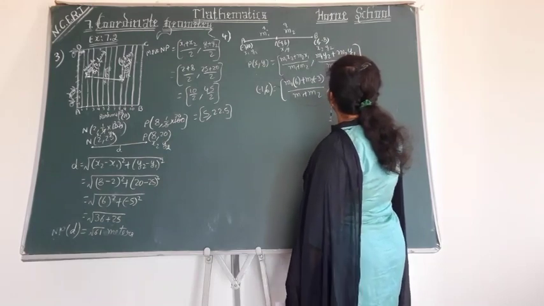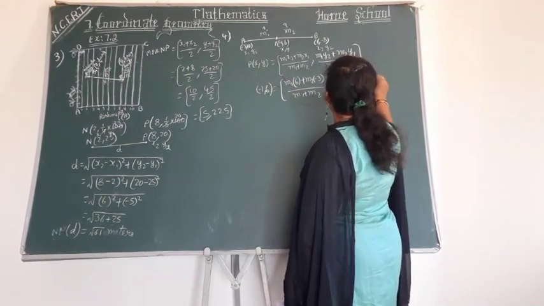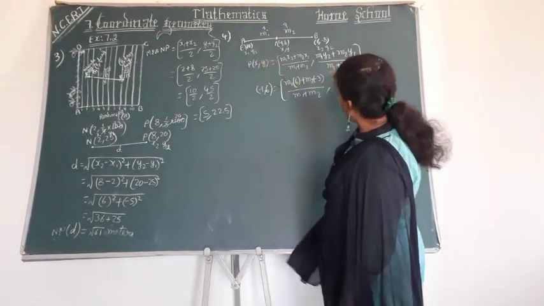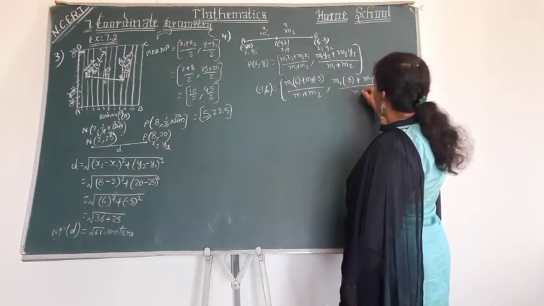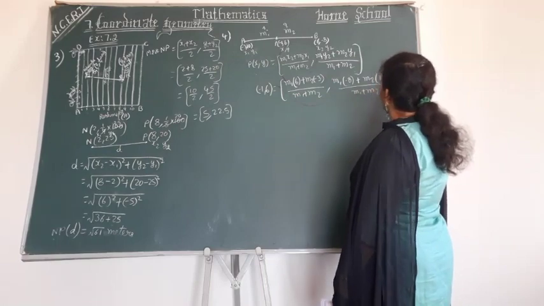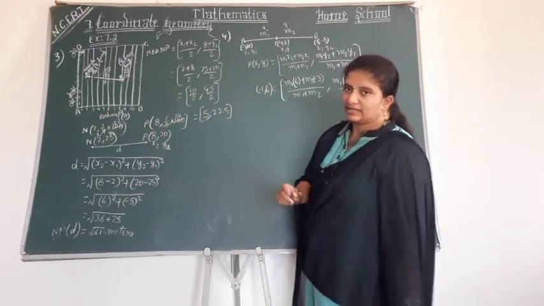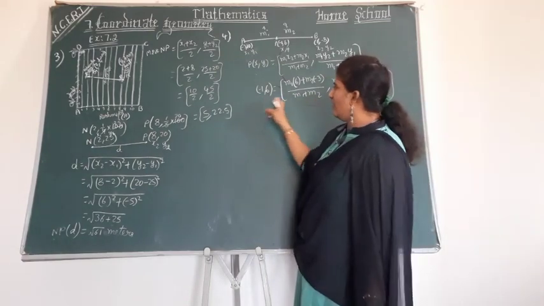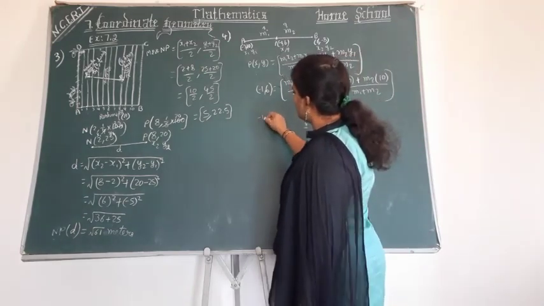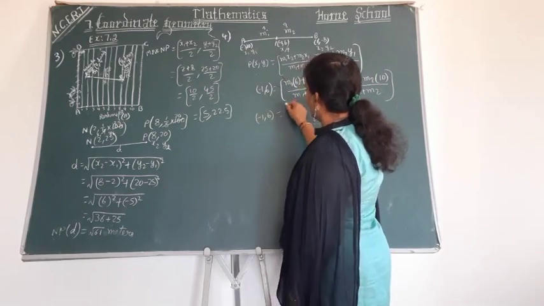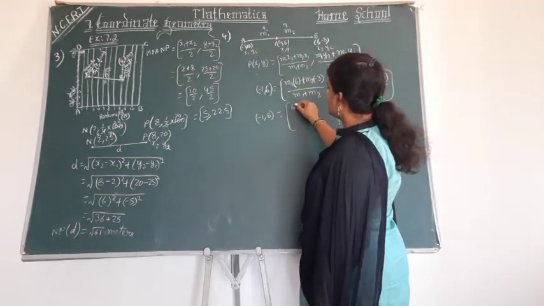Minus 8 plus M2 into, what is your y1 value there? 10 by M1 plus M2. See here, while you are calculating the ratio, if you equate any one value, you are going to get the ratio value. So one more step we'll do simplification and then we can compare.